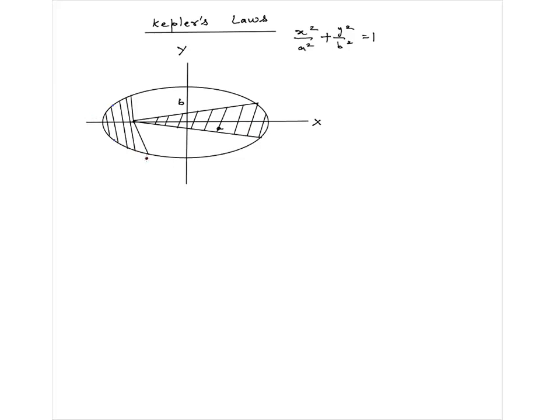So this law is also called the law of areal velocity, constancy of areal velocity. This law is like saying that if the planet comes close, it tries to run away quickly.